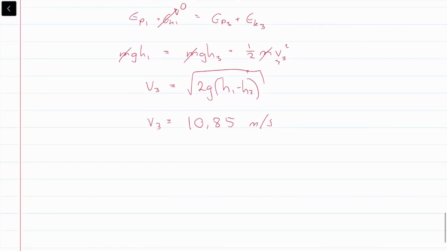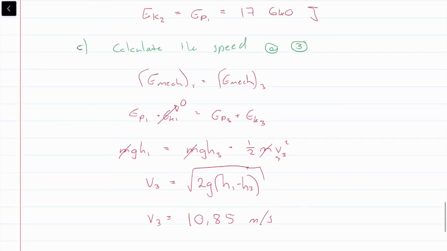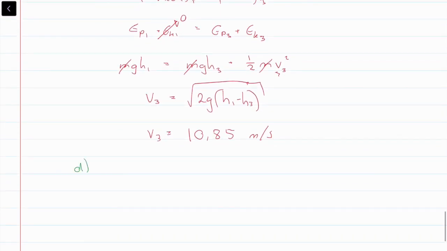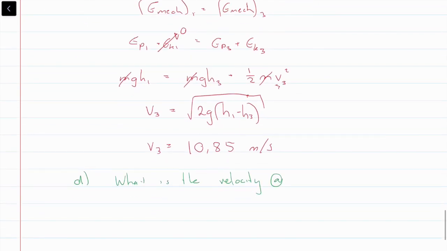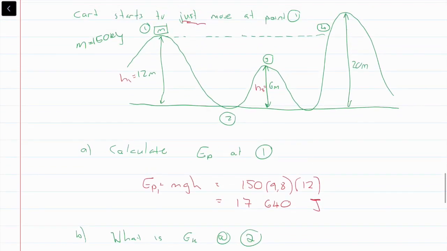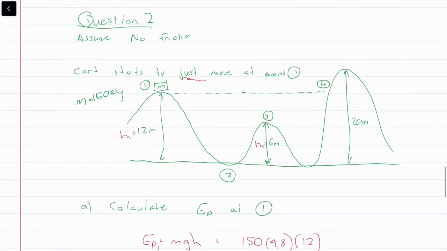Then the next question would be D: what is the velocity at point 4? Let's think about this. We are at the same height as point 1.